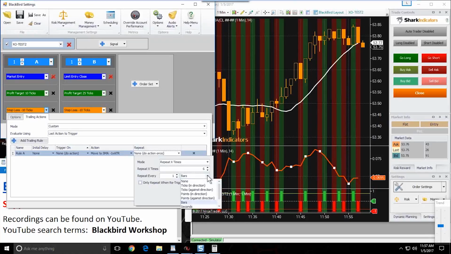Or if need be, you could say this rule is only allowed to repeat every 3 minutes, or whatever you want. Every 5 minutes, this rule is allowed to repeat.